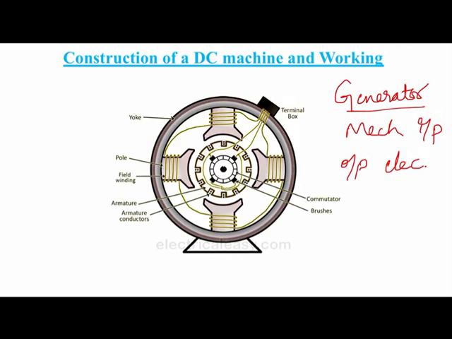First the mechanical energy is given to the DC machine with the help of the turbine, and the turbine and rotor are both connected to a common shaft.